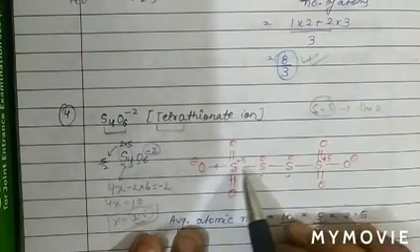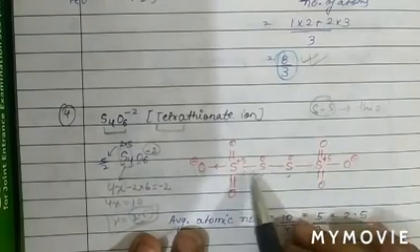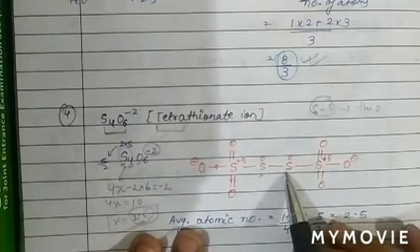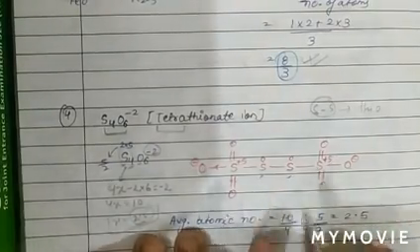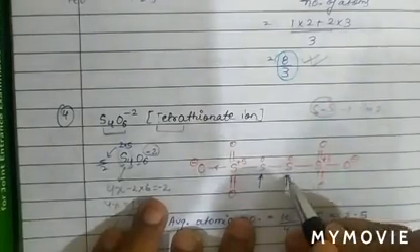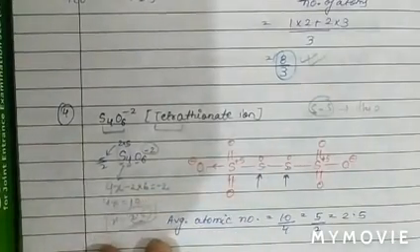Again, this sulfur is linked to sulfur. Therefore there is no contribution of oxidation number to these sulfur atoms, because they are linked with the same sulfur atoms with the same electronegativity. So the oxidation number on these two sulfur atoms is 0 and 0.